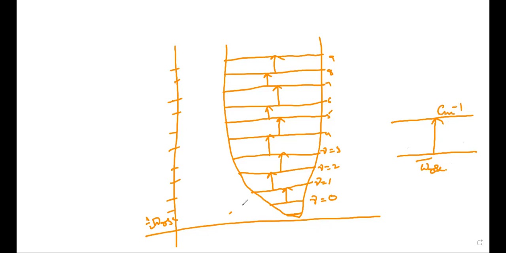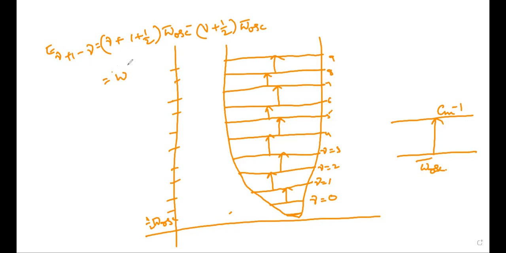Applying the selection rules, we have E nu plus 1 minus E nu is equal to nu plus 1 plus 1 by 2 omega oscillations bar minus nu plus 1 by 2 omega oscillations bar. So finally we get omega bar of oscillation centimeter inverse.